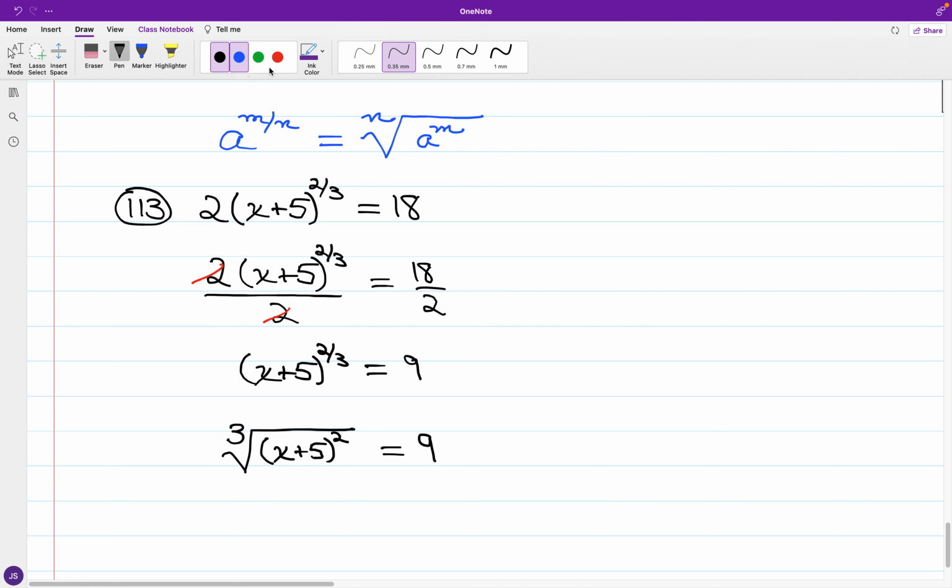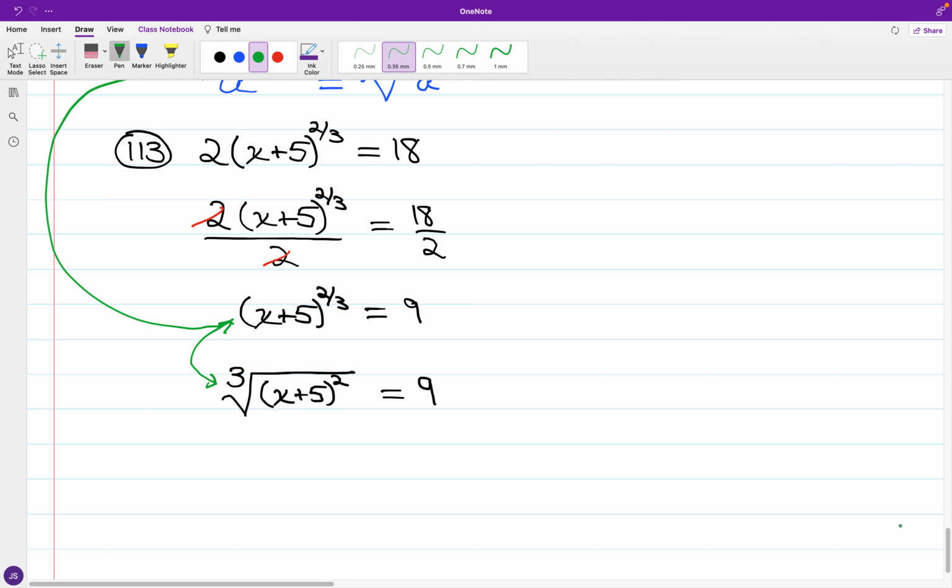Okay, so again, I'm just kind of using this particular property. So rewriting in terms of a radical, I have the cubic root of the square of x plus 5 is equal to 9. And I want to solve for x.